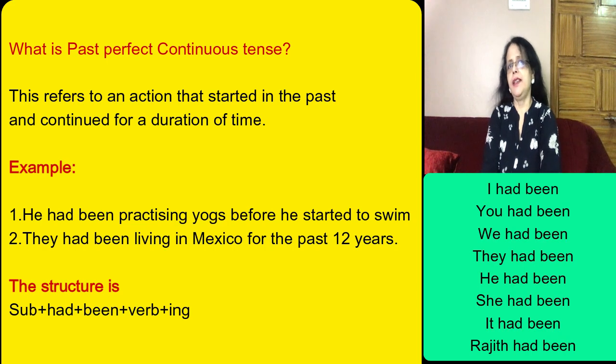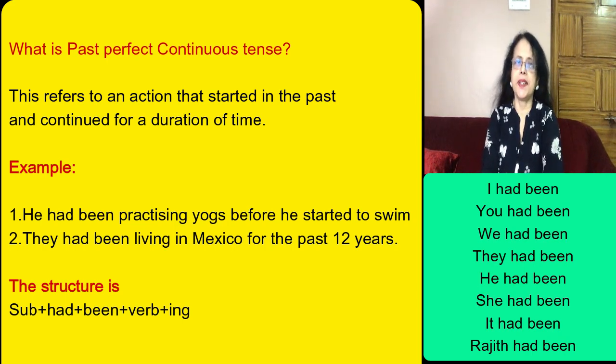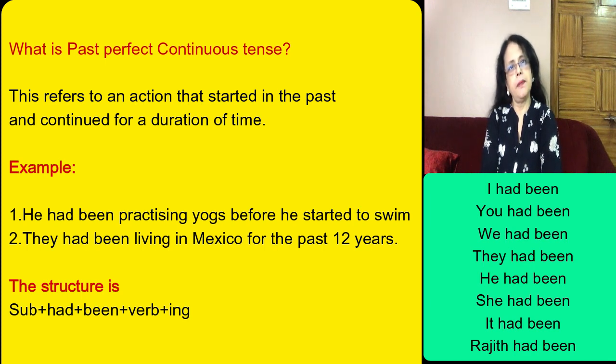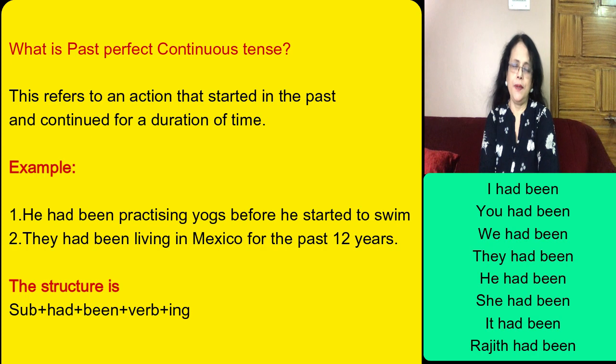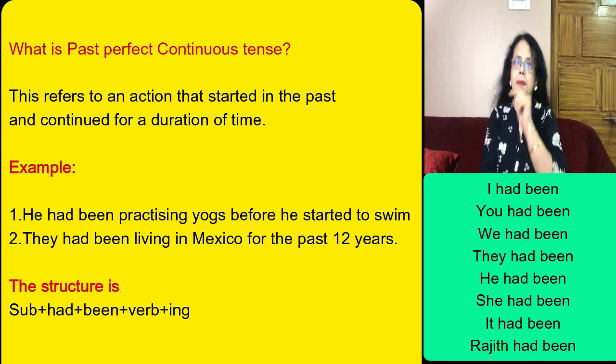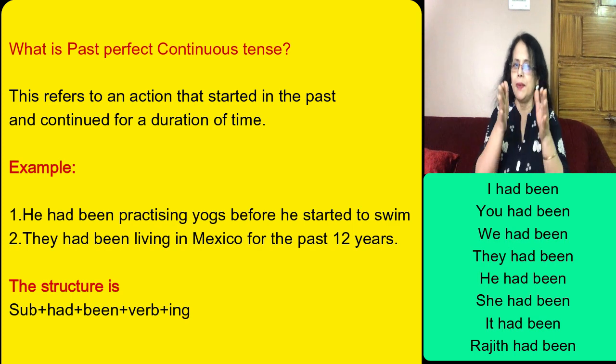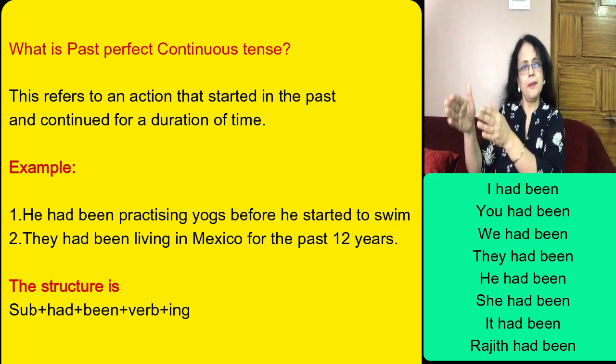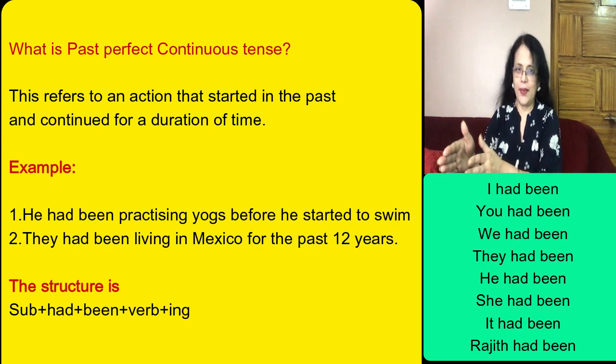Let's first see what is past perfect continuous tense. This tense refers to an action that has started in the past and continued for a duration of time in the past. Remember, we are talking about the past tense. So, everything will happen in the past. Right?